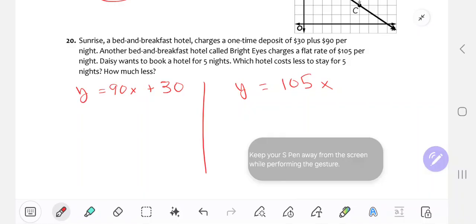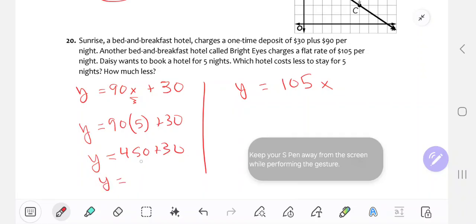Okay, so we have our two relationships, and now which will be less for 5 nights and how much less? So x is our nights, so we're going to plug in 5 for that, and that's going to be 450 plus 30. So for 5 nights at this bed and breakfast, it's going to be 480.